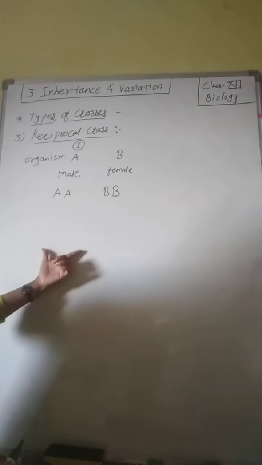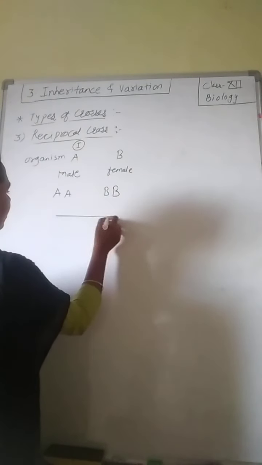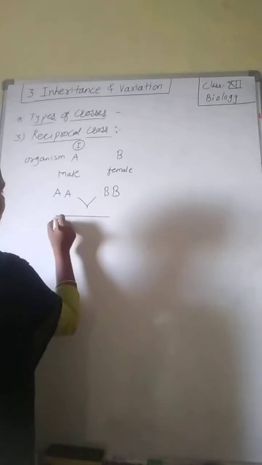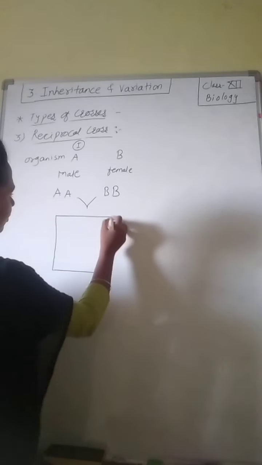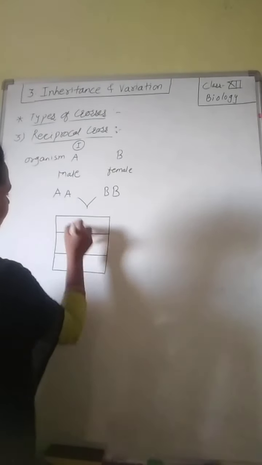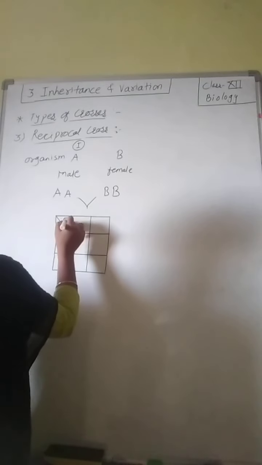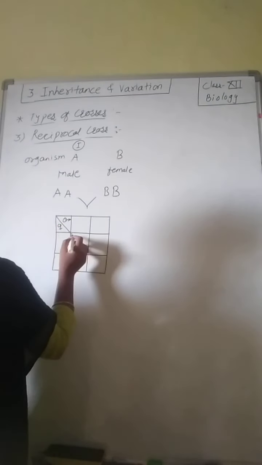So we can do the Punnett square after fertilization. Here we can write male gametes and female gametes.